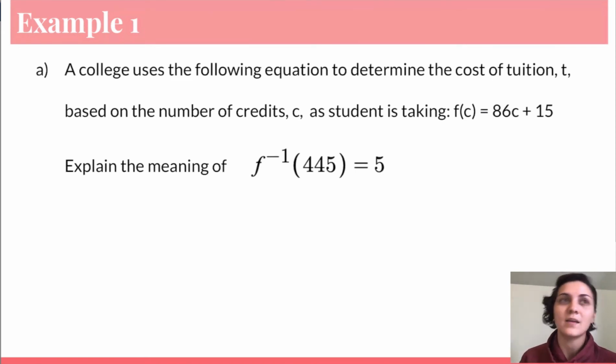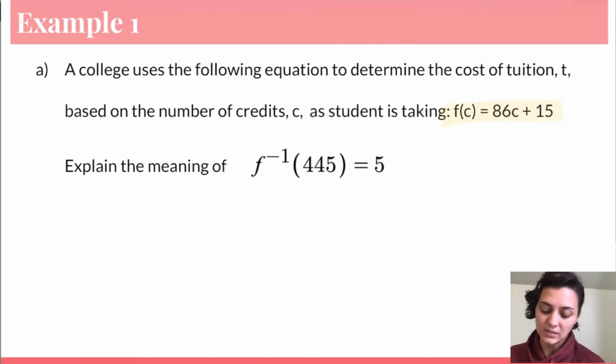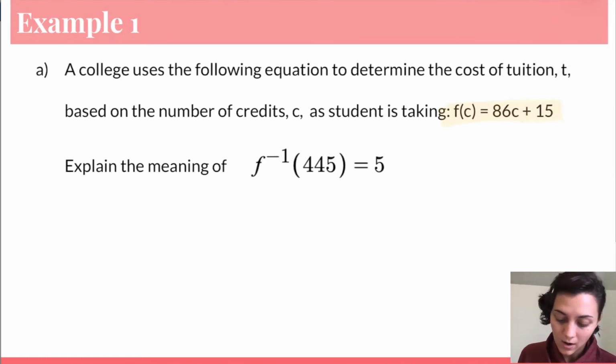So if I'm taking 15 credits, that might be the same as like 5 classes. And so the equation that the college uses is right here: f of C equals 86C plus 15. So the more credits that I'm taking, the more that I pay in tuition. And what I get out ends up being my tuition amount.